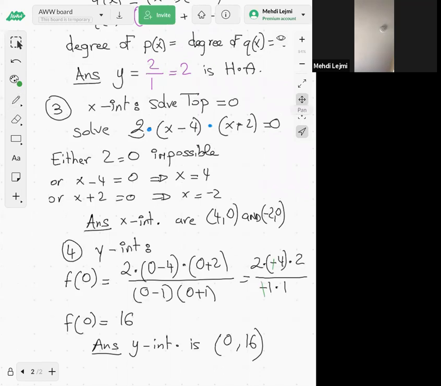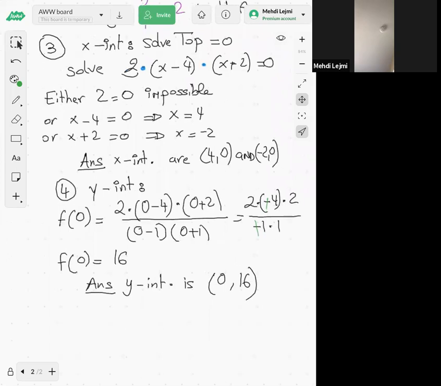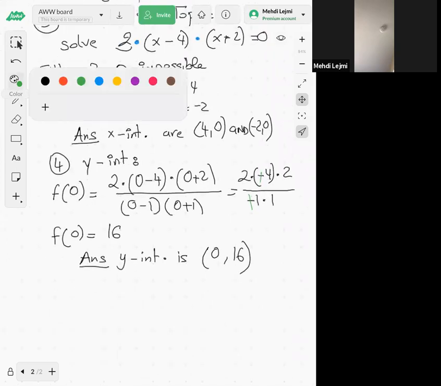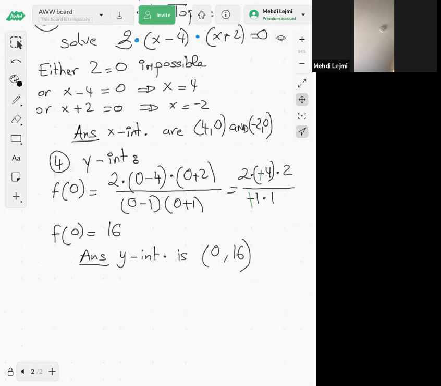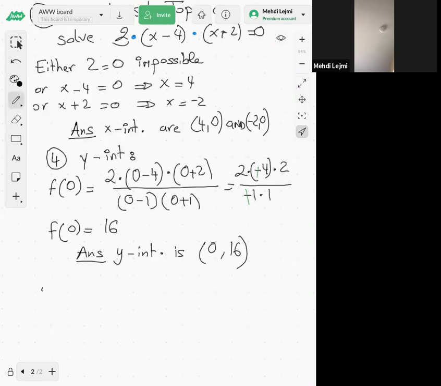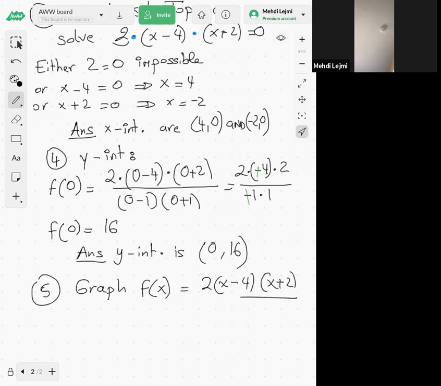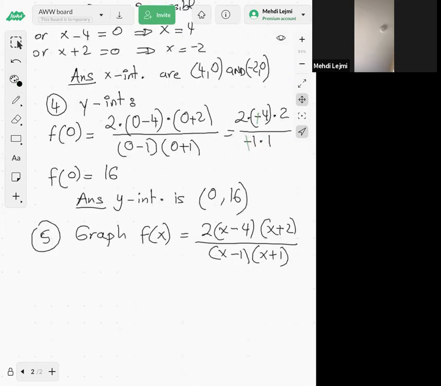Okay, so now last step. The most important step, I would say, is to graph f of x, which is again 2 times (x minus 4)(x plus 2) over (x minus 1) times (x plus 1), right? So that's my f of x.